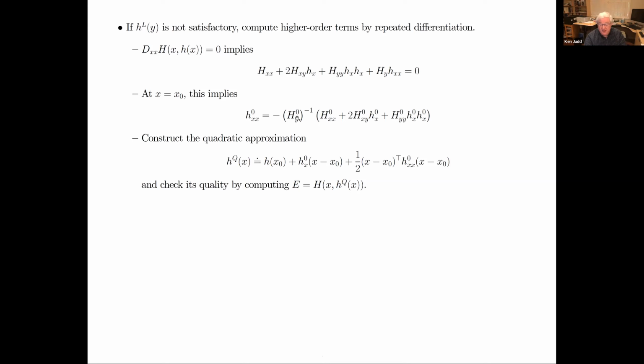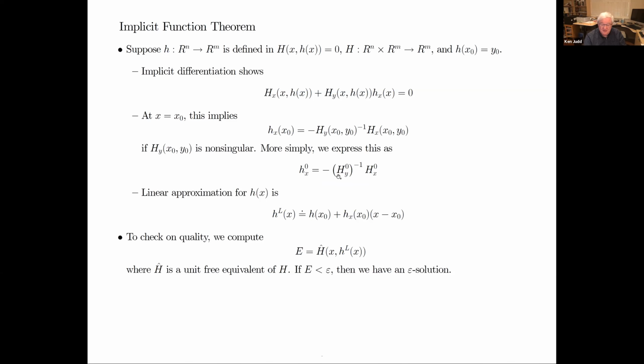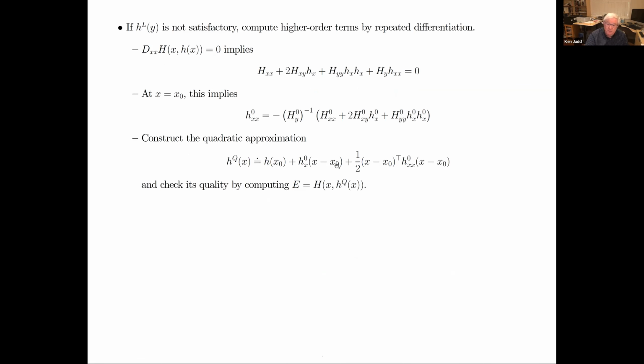Now, this matrix has to be non-singular in order for the inverse to exist. But notice, it's the same matrix that has to be inverted to get the second order as you did for first order. This is what we often refer to as a solvability condition. The solvability condition is that this matrix is not singular.